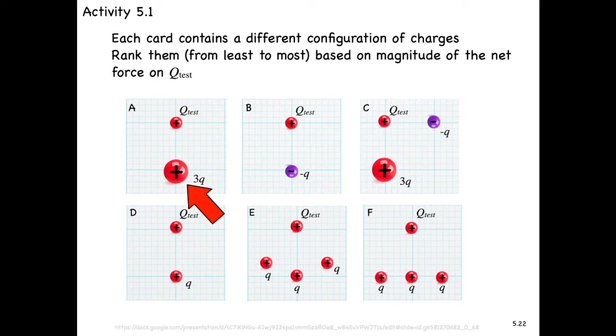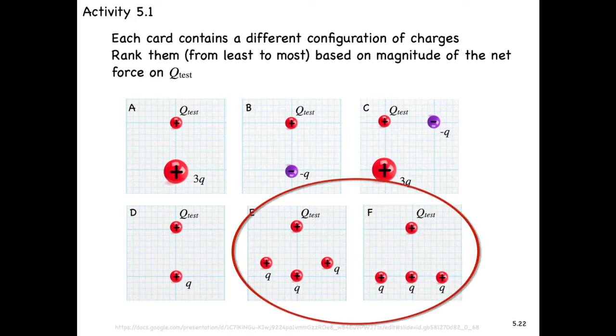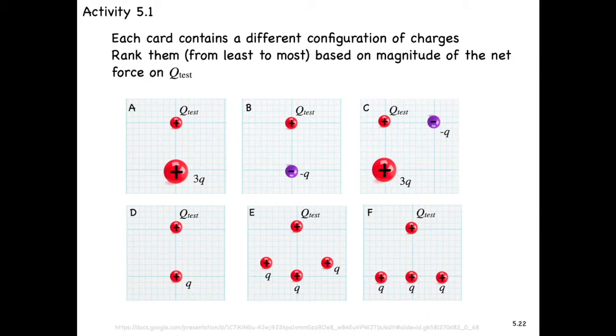But here there's some net 3Q of charge, so 3 times as much charge as we have here. This is minus Q, so this is the opposite sign, and is 3 times smaller than that. This has the plus 3Q and a minus Q up here. And then these have 3 positive charges that are acting on this positive test charge. So try to figure out which of these positive test charges feels the greatest force and which one feels the least force, and in between come up with an ordering.